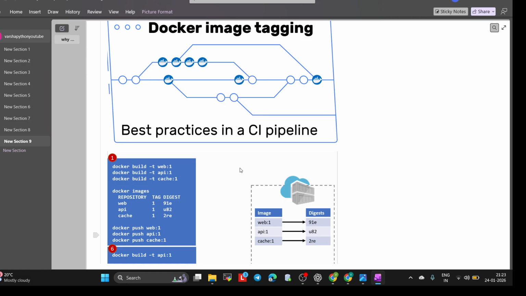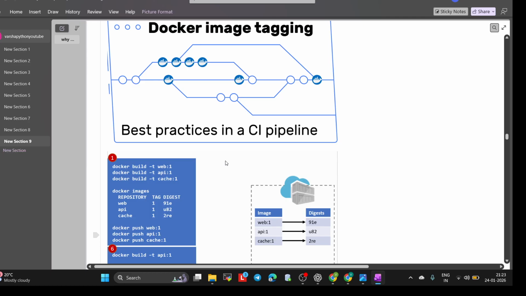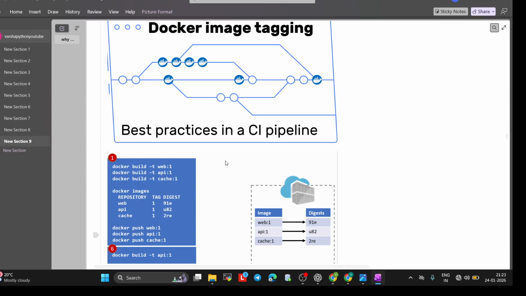So this diagram often shows how each CI/CD pipeline run produces a unique tagged image, making deployment traceable and auditable. Tagging also helps with rollback, because if a new deployment fails, we can easily redeploy an older stable image by referring to its tag.